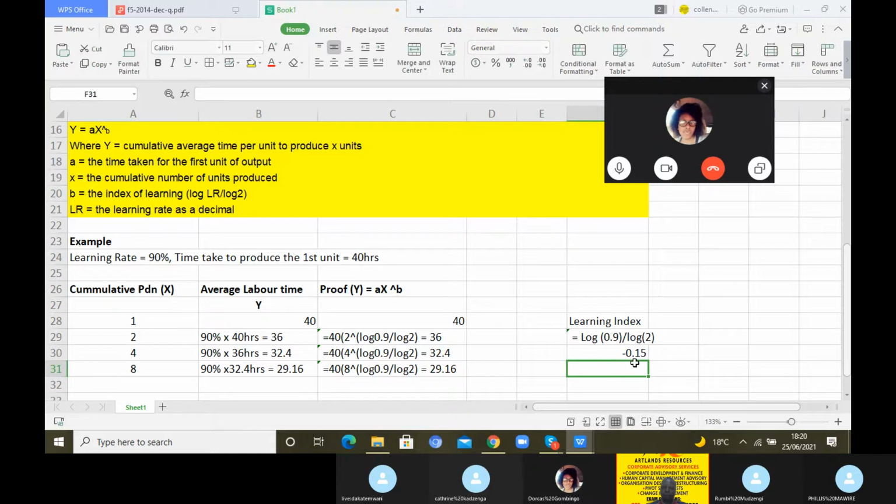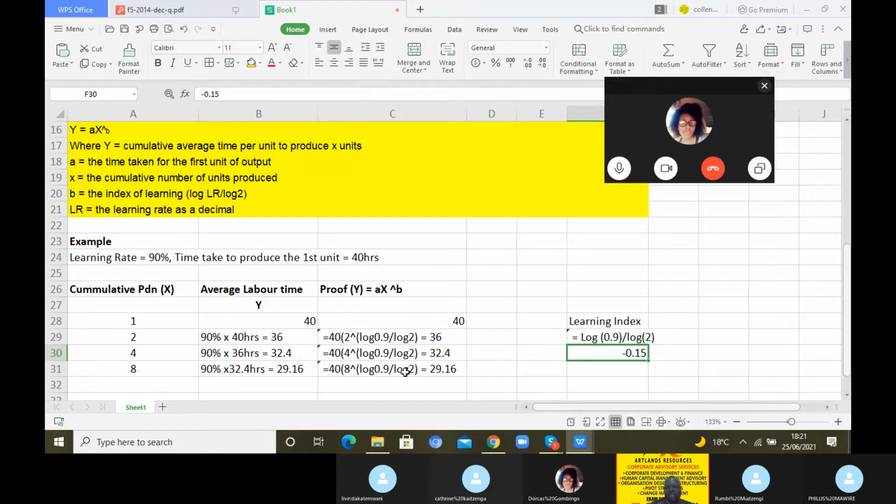So what happens is in an exam, instead of being given the formula, you may be given that the learning index is minus 0.15. So instead of saying 40 times 8 to the power of log 0.9 over log 2, the examiner may say the learning index is minus 0.15.